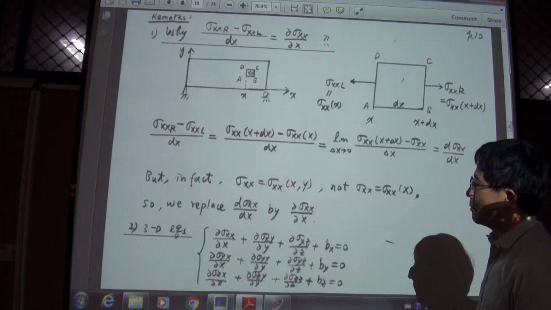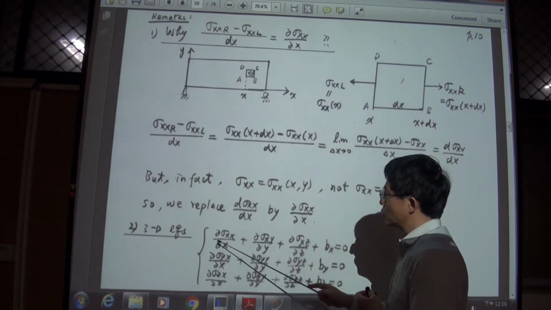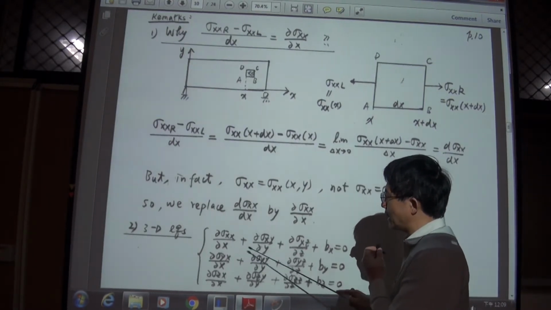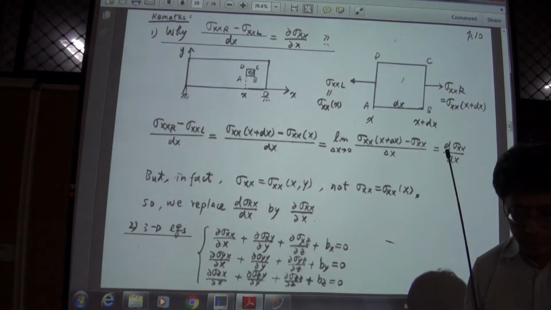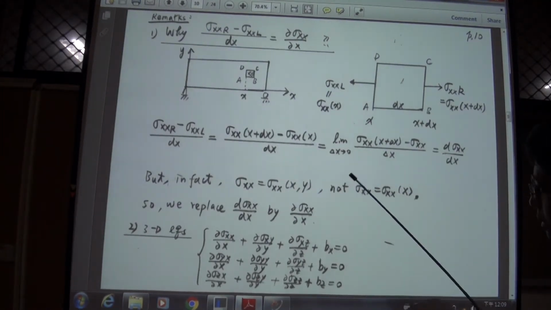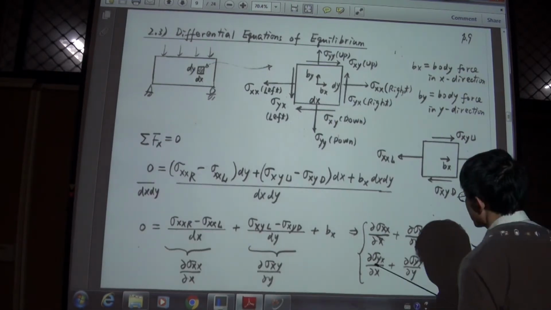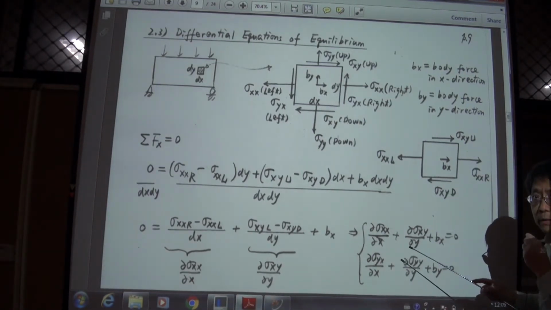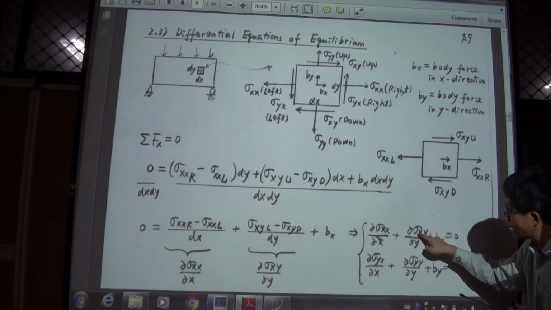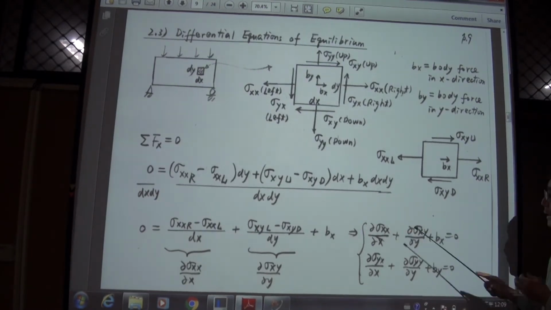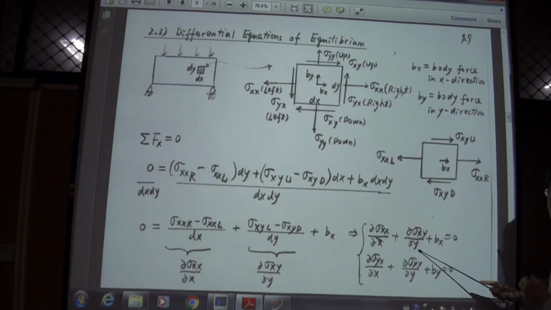In the second remark, we want to write down the three-dimensional equilibrium equation like this. How? Let us look at the rule. See, in the two-dimensional equation, we find the rule. x first, and then sigma xx, xy.